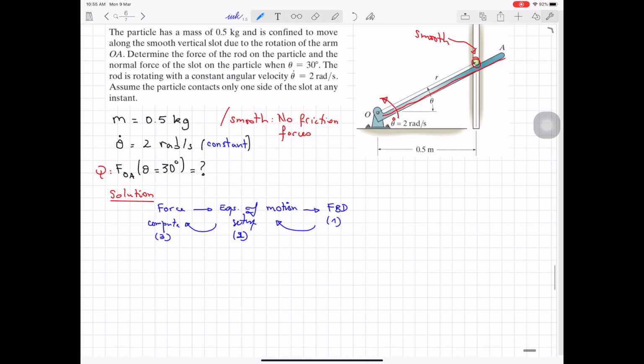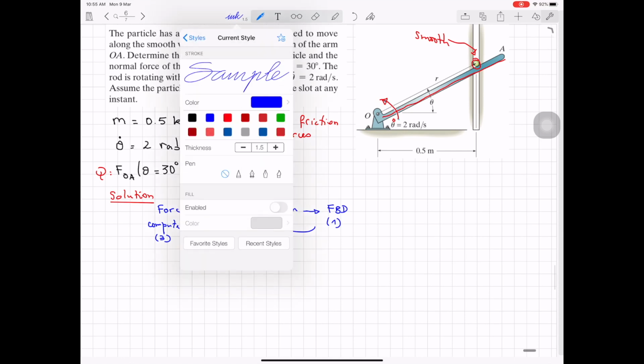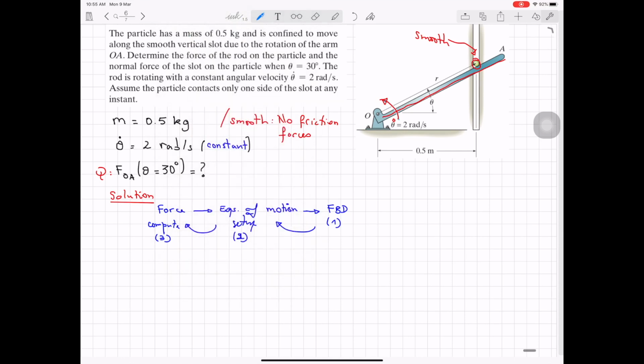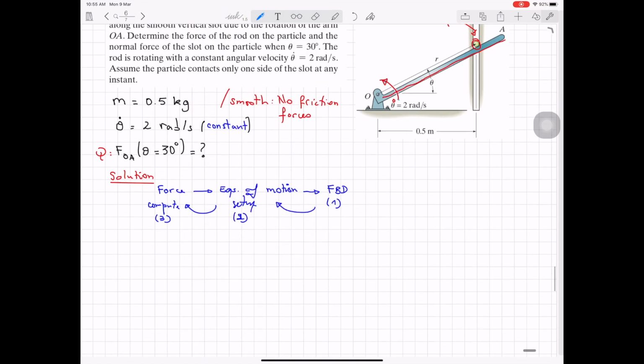So let's understand the problem here. Let me just draw here in gray color a vertical slot, and we have the arm OA. Okay, so this is the arm OA.